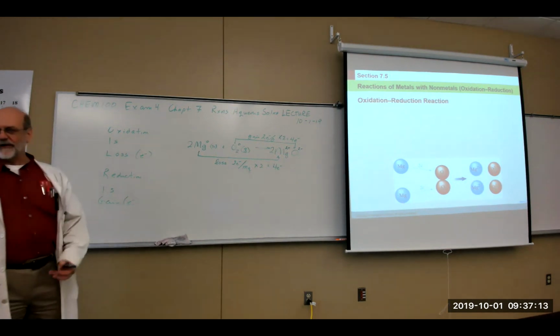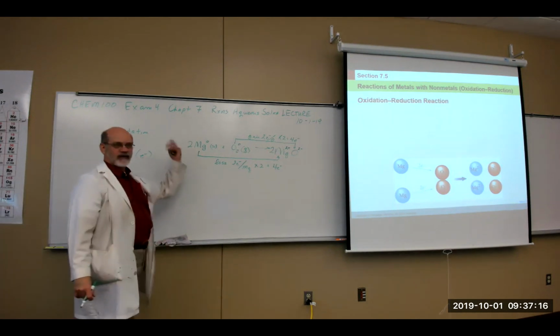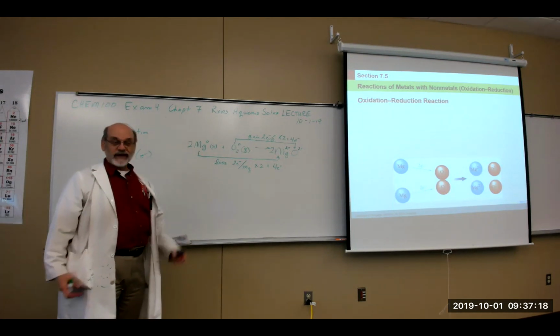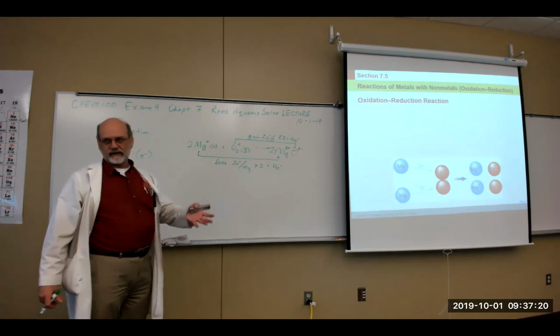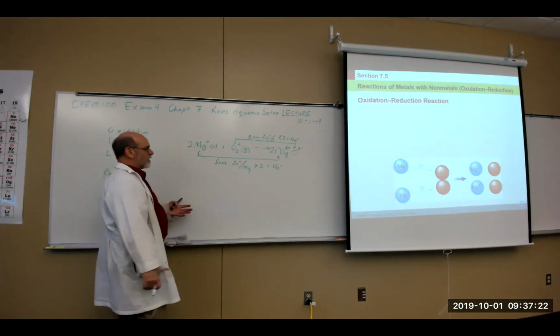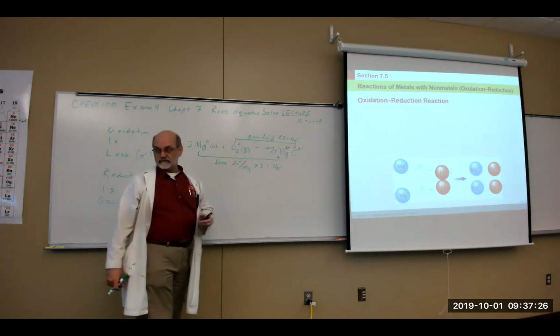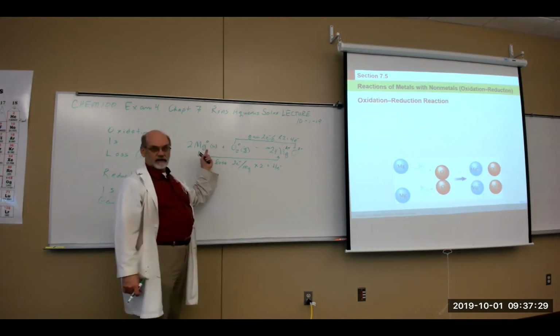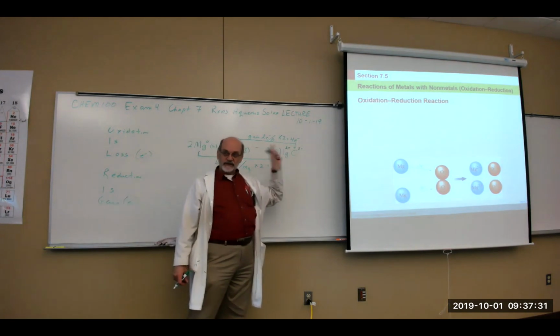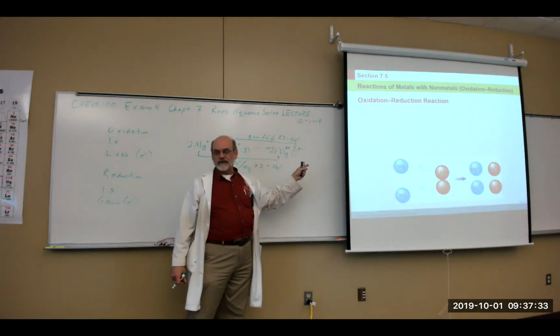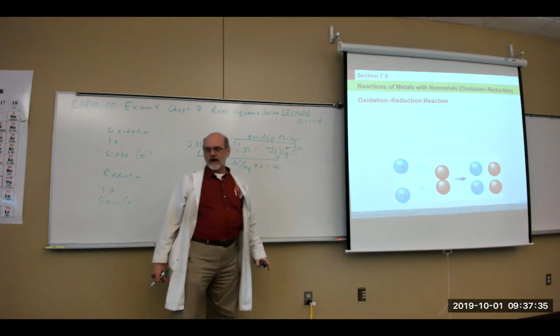Now, if you're in a hurry on a test, you may not have time to do all that. You may have to, but here's a trick. If you have on one side of the equation an element, like this, and on the other side your element is in a compound, that's oxidation reduction, automatically.